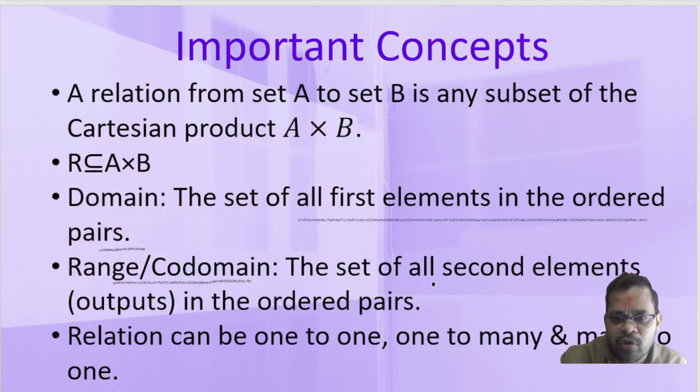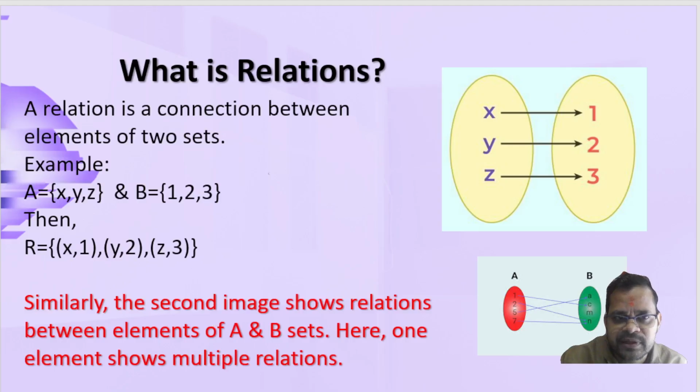The set of all second elements in the ordered pairs. So what are the second elements here? You see that 1, 2, 3 are the second elements. So the domain is X, Y and Z, and the range is 1, 2 and 3.